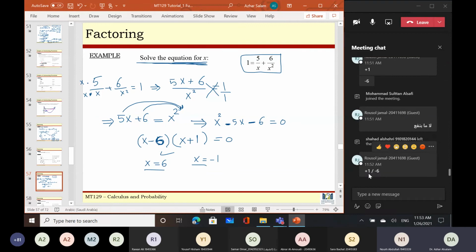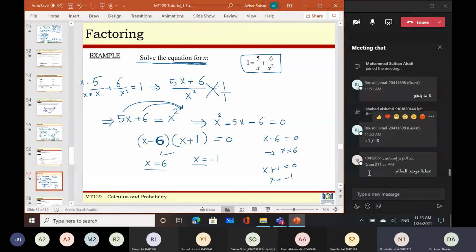No, not plus 1 and minus 6. هنا عشان أوجد: x ناقص 6 يساوي الصفر معناته x تساوي 6, and x plus 1 equal to 0 means x equal to minus 1. Okay, it's minus 1 and plus 6.